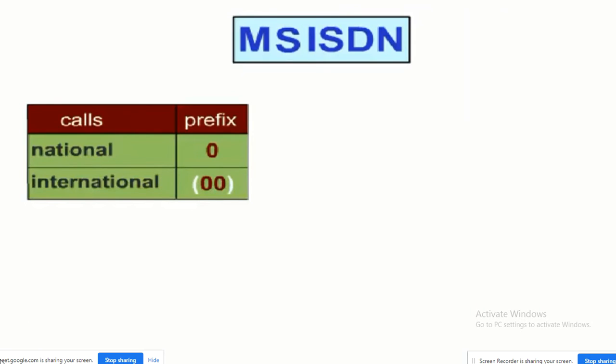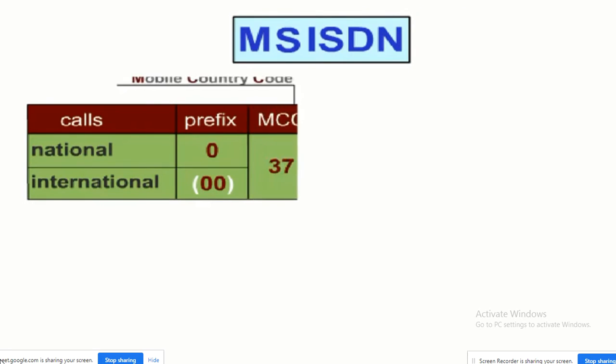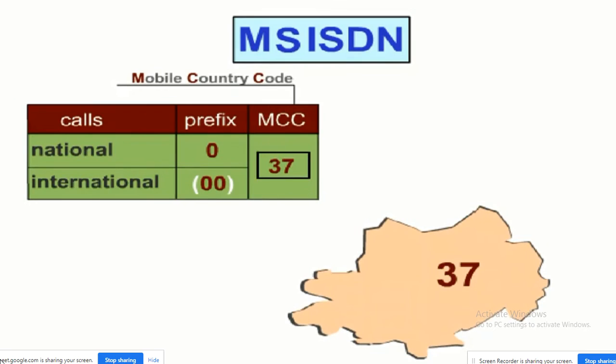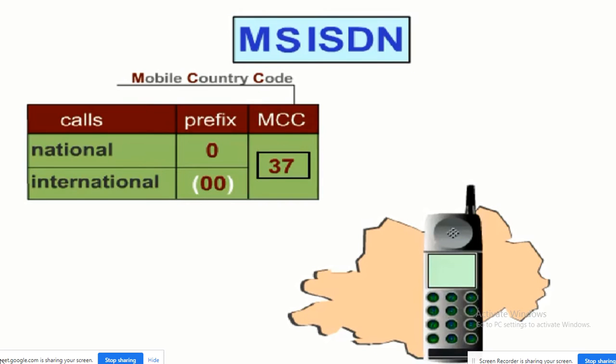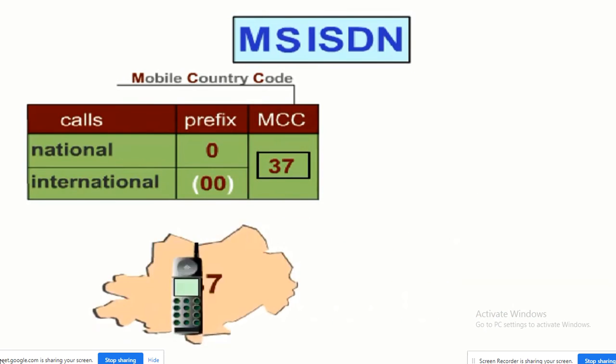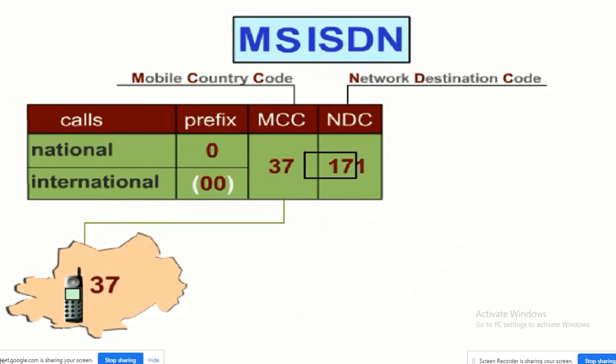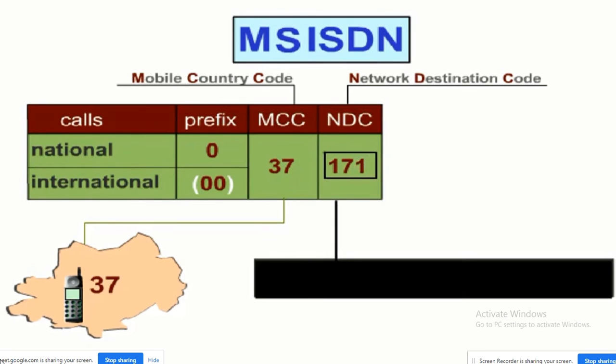The second part of the MSISDN, the mobile country code MCC, provides the code for the relevant country. The MCC consists of 2 digits and doesn't have to be entered when making national calls. The third part of the number is the network destination code NDC, that identifies the appropriate national network operator.